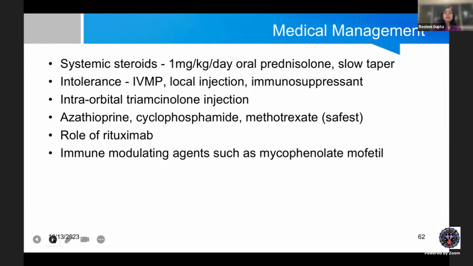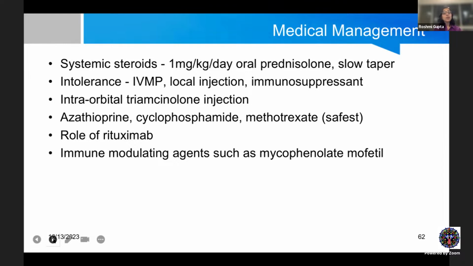Among the immunosuppressants that they commonly use, possibly methotrexate is the safest. But a stronger disease, such as GPA, which is potentially a life-threatening condition, will possibly need cyclophosphamide.